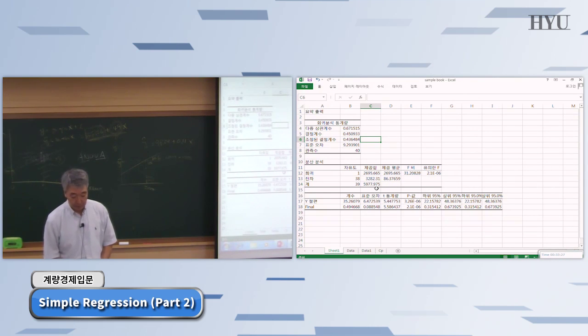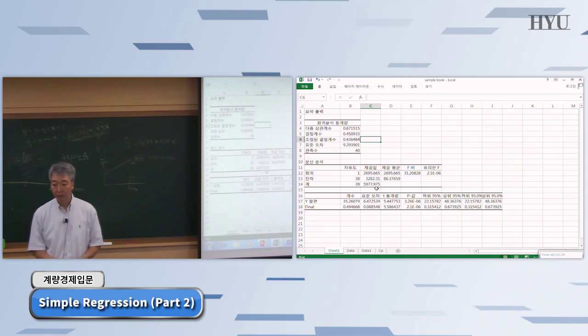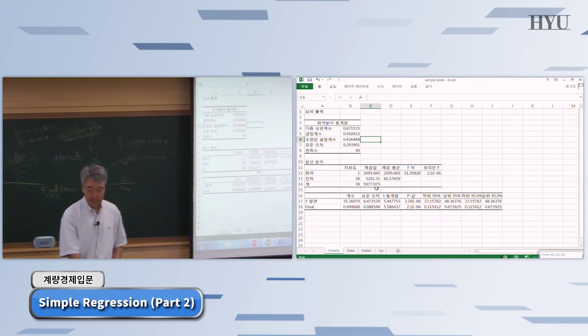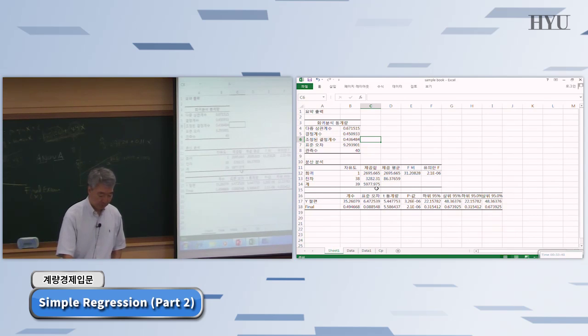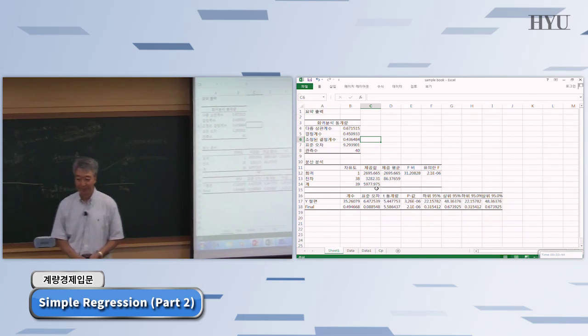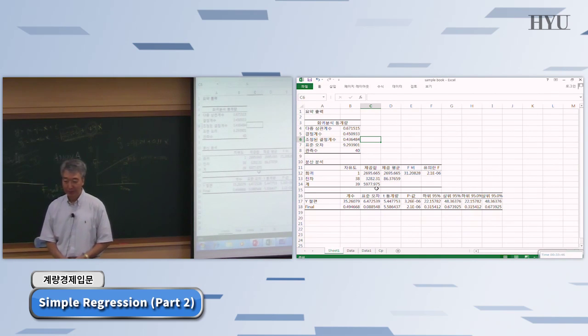So if you want to know R square, what should you do? What's the size of R square in this case? How do you calculate it? 정우? How do you calculate the R square?